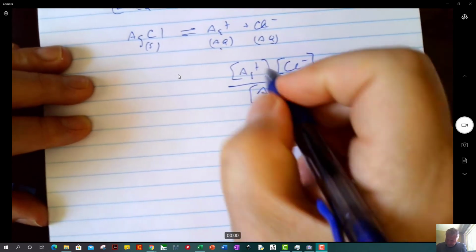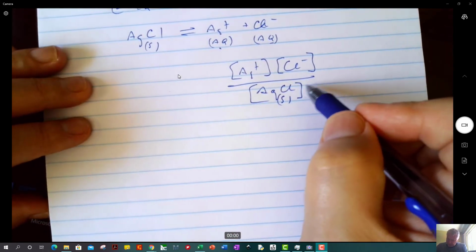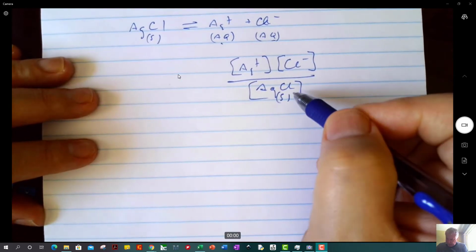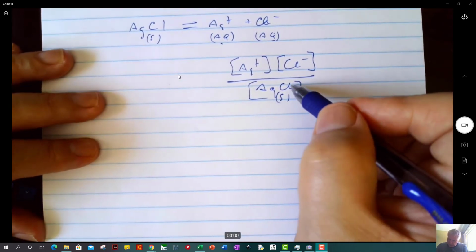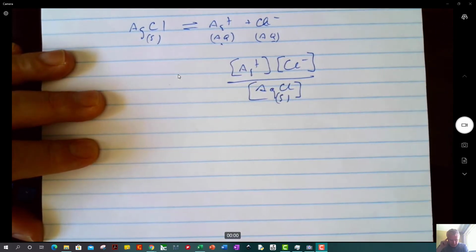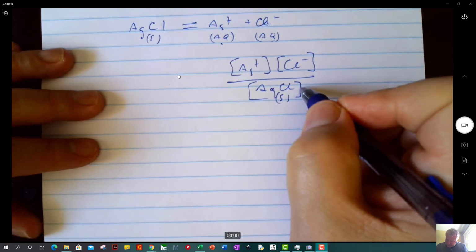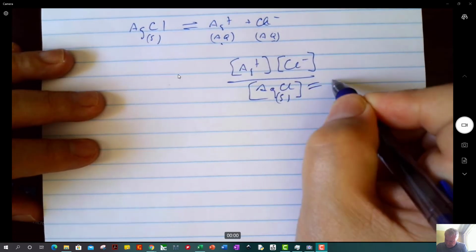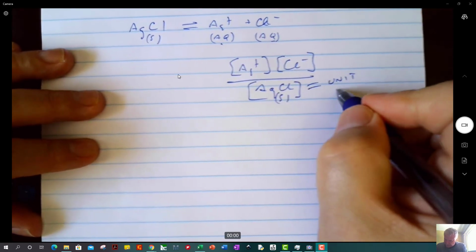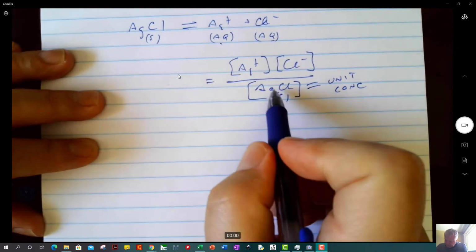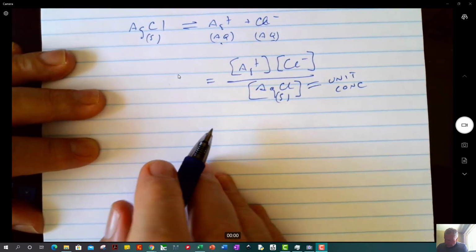But AgCl solid is what we refer to as a constant activity, right? So whenever you have solid in equilibrium with this dissolved form, it's defined as having unit concentration, which is another way of saying that its concentration is absorbed into the KSP here.